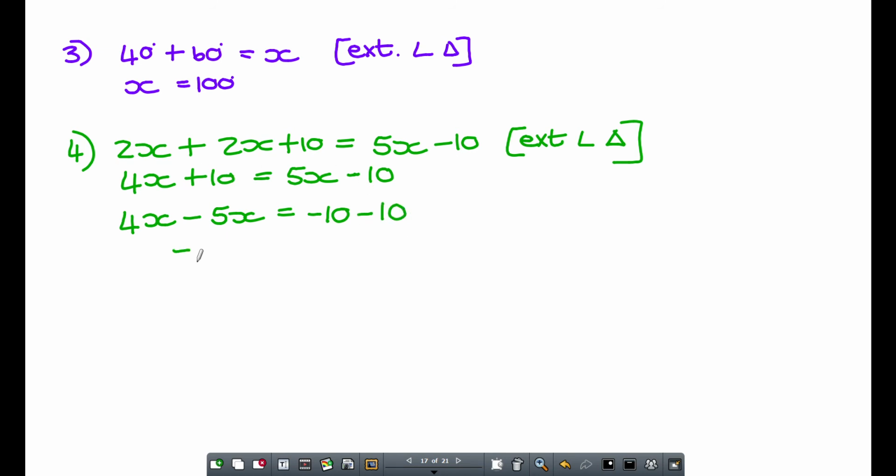So I'm going to have minus x, or minus 1x, is equal to minus 20. I want to get rid of that minus in front, so I'm going to divide by minus 1 on both sides, which means that x is equal to positive 20 degrees.